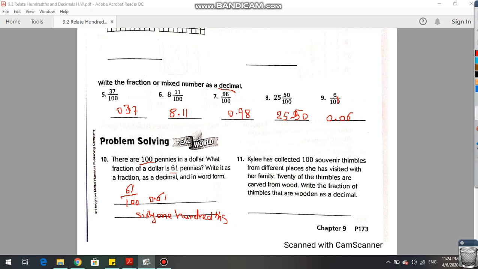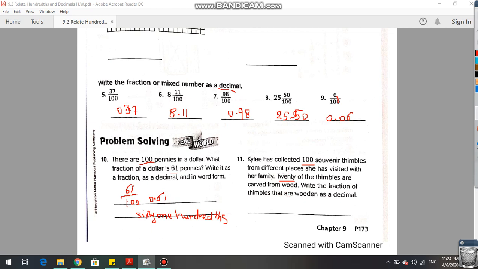Now, Kyle has collected 100 samples from different places she has visited with her family. 20 of the samples are carved from wood. Write the fraction of samples that are wooden as a decimal.